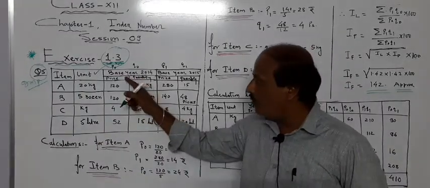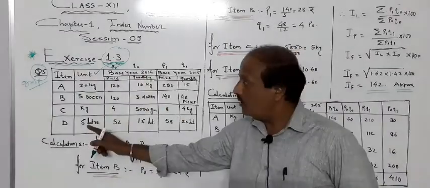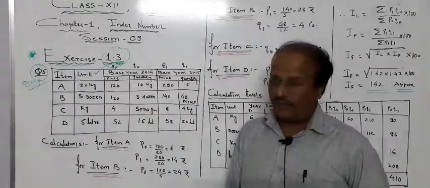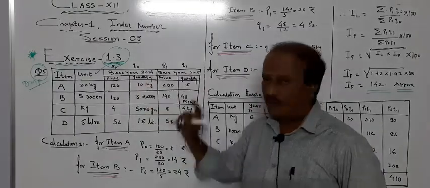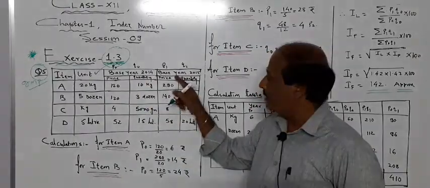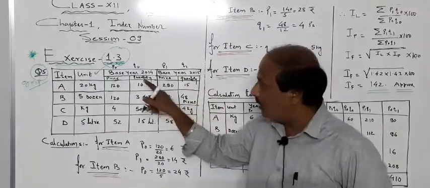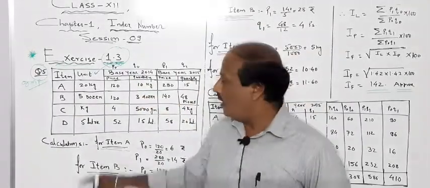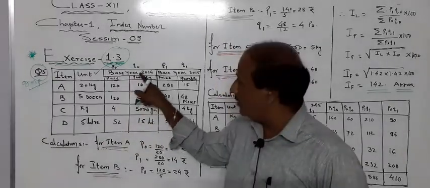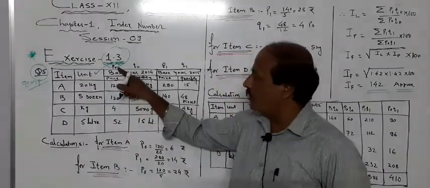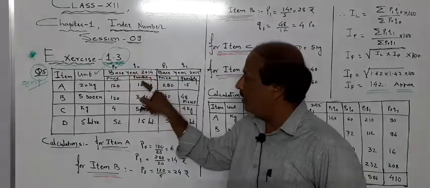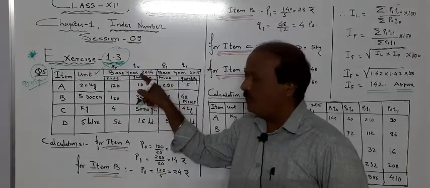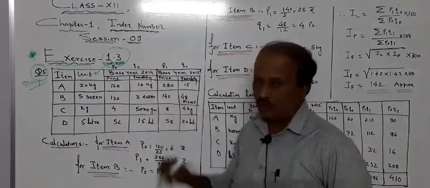Then the values of these items for two different years are given. One year is 2014 and the other is 2015. We take 2014 as the base year. The price column is given for 2014, I call it P0, and the quantity for the base year, I call it Q0.